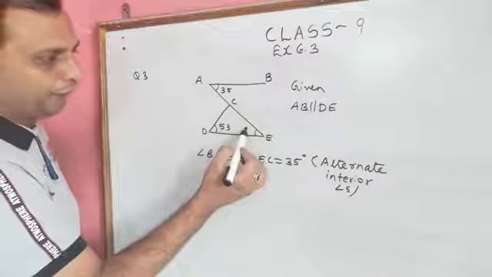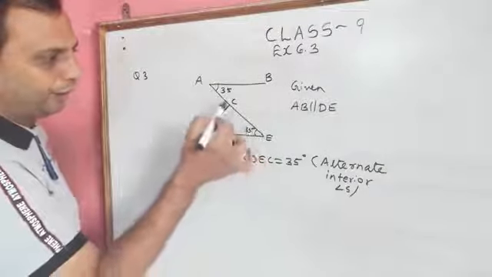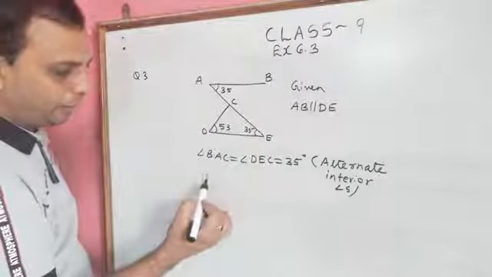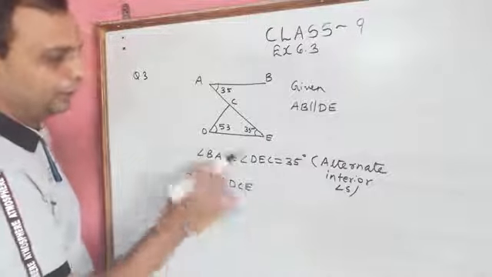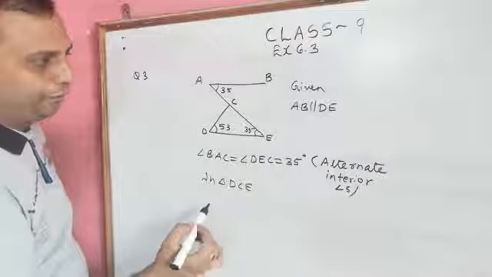Now we take triangle DCE, and two angles we have, so C we can easily find.